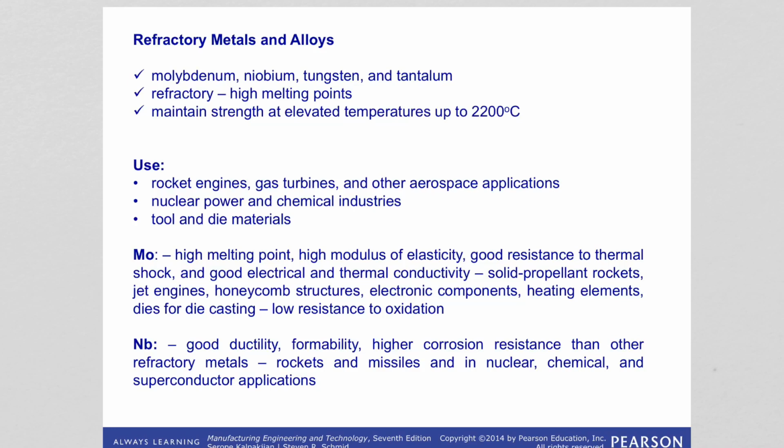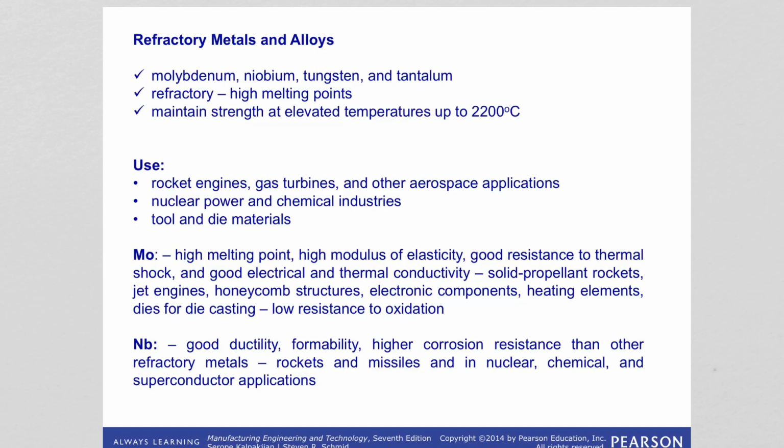So, refractory metals and alloys. What do we call refractory metals? Why refractory? Refractory means these metals have high melting points. So molybdenum, niobium, tungsten, and tantalum, right?